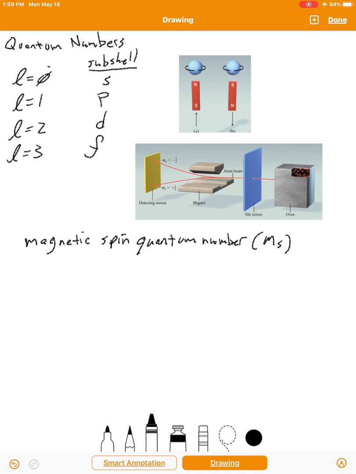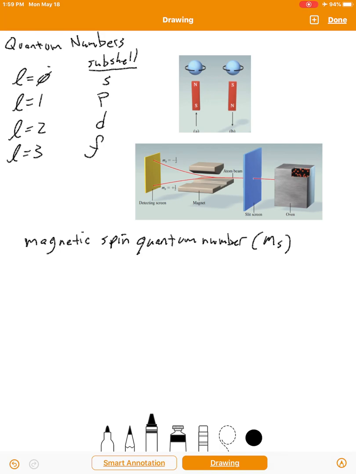And we now know that this is a fundamental inherent property of the electron. The electron comes under the category of what we call fermions, and fermions have a property called spin. And spin is an inherent property of the particle. And it's just something that it has. Just like a cat has 4 legs, an electron has spin. Just like a proton has mass, a proton also has spin.